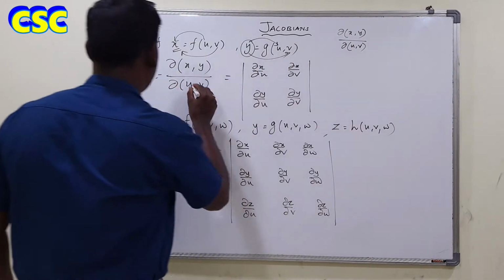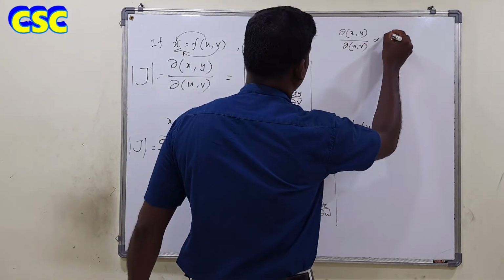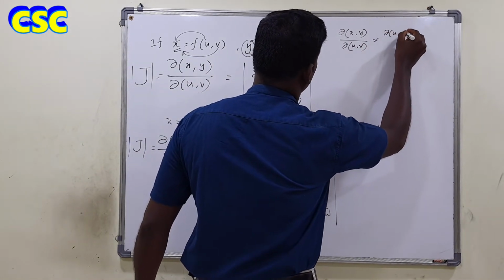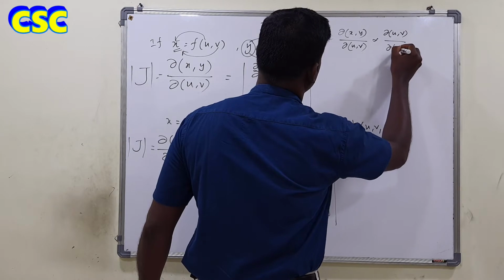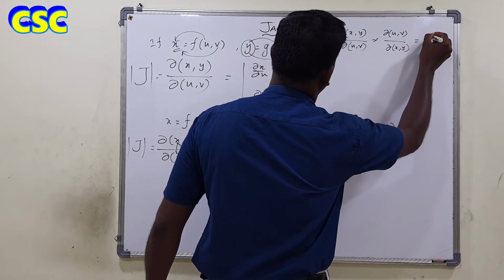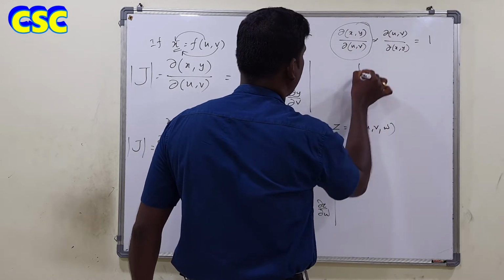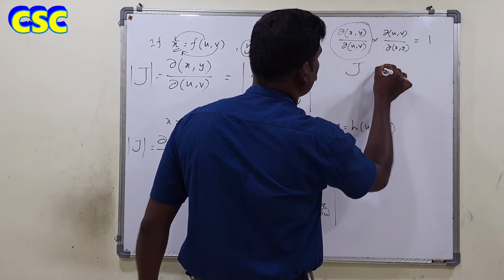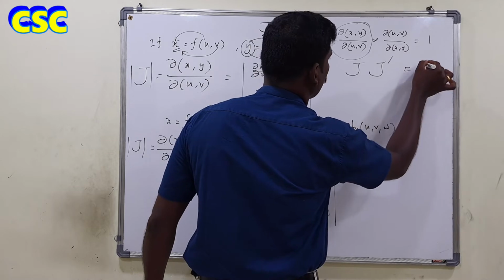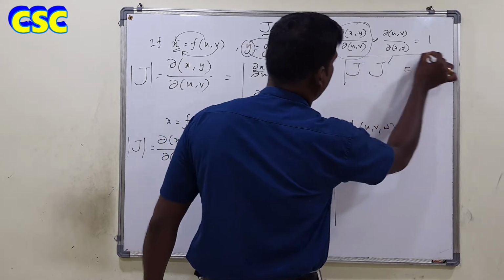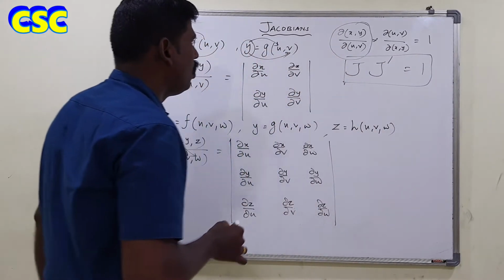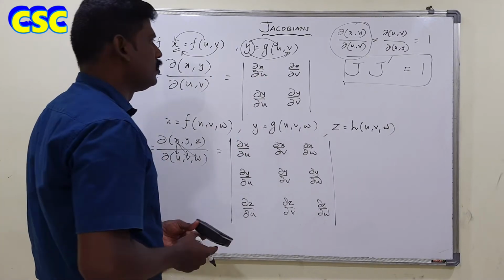Similarly, we can find dou of u comma v by dou of x comma y. Both will cancel each other, and the result will be 1. If we call the first one the Jacobian J, then the second is the inverse Jacobian J dash, and J times J dash is equal to 1. It's a very important concept too.